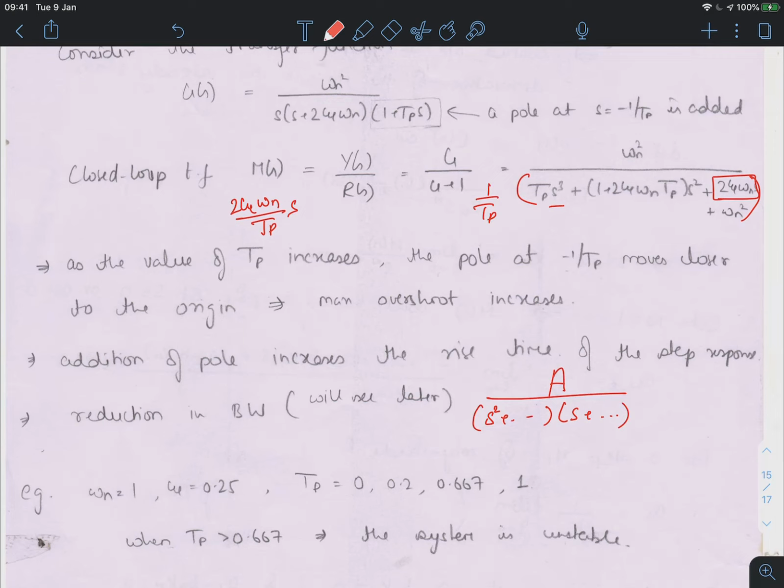You can visualize this as two cascaded systems: one is the second order system and another is the first order system.